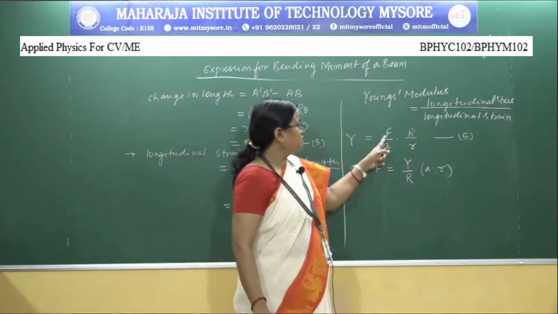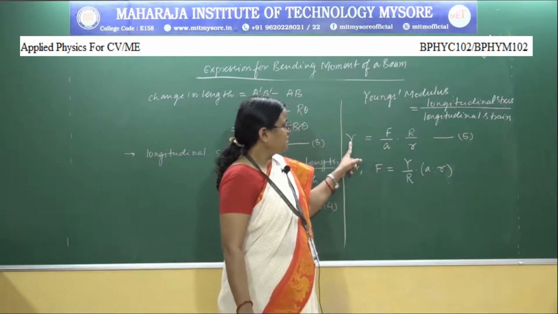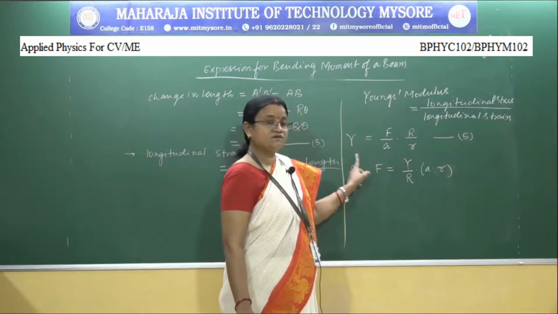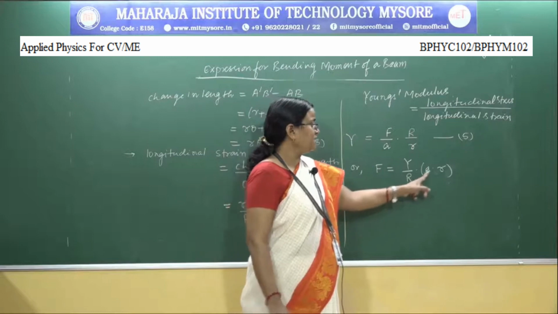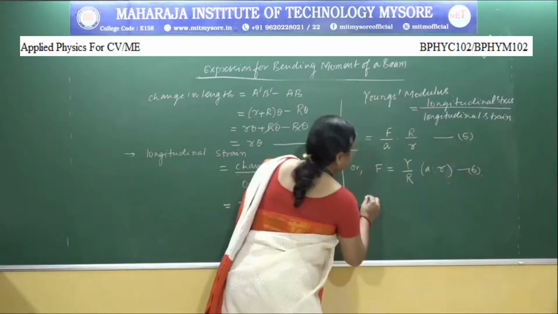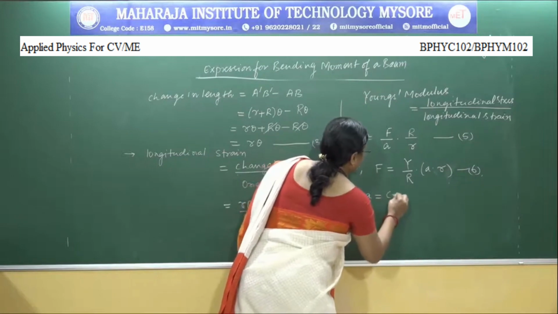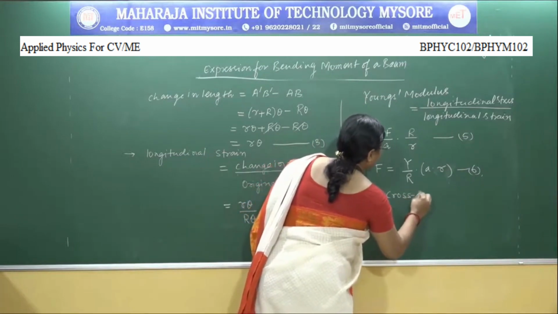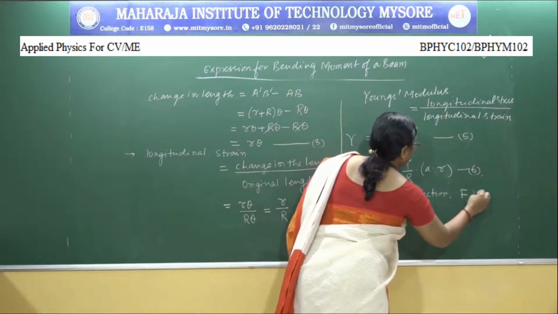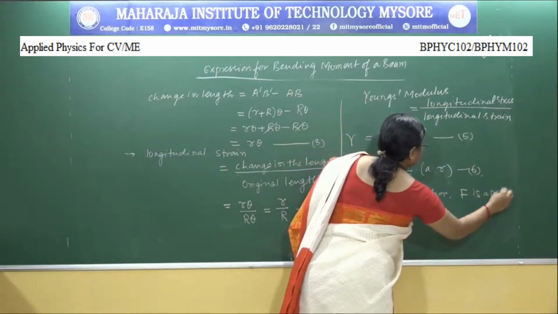Force will be equal to Y into A into r divided by R. So, force is equal to Y by R, A into r, where A is the cross section where the force is applied.